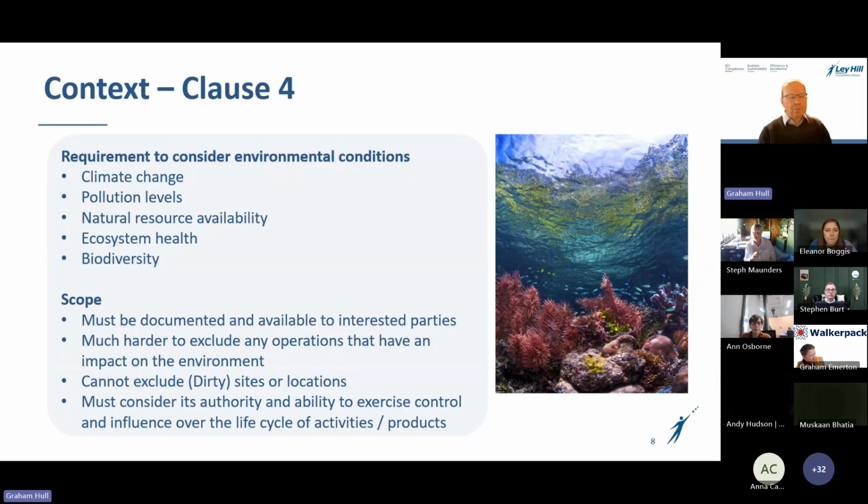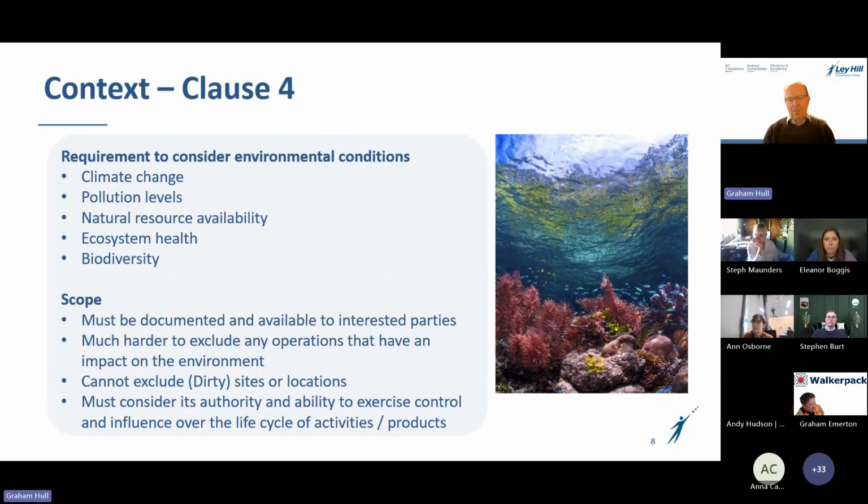And lastly, within the context bit here, there's a very clear thing that the organisation has to really consider whether it has authority and ability to exercise control and influence over the life cycle of the activities it does or the products it produces.